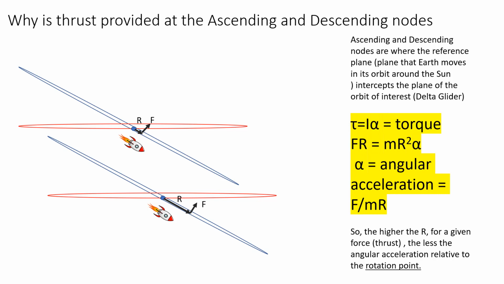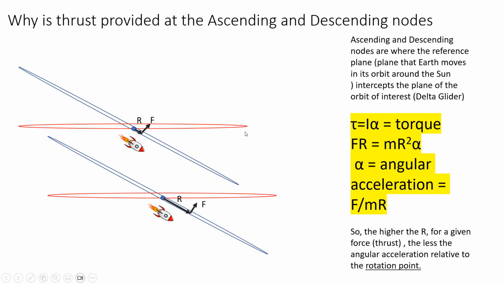Okay, so the equation for torque is equal to force, in this case thrust, times r. That's the distance from the rotation point to where the thrust or force is being applied. And that's equal to the moment of inertia times the angular acceleration.